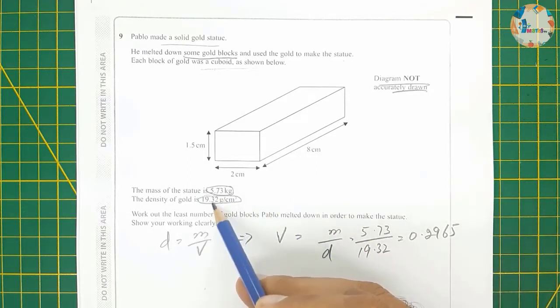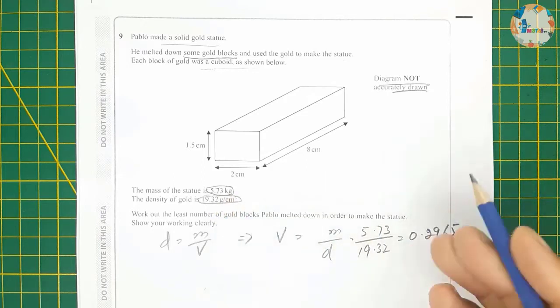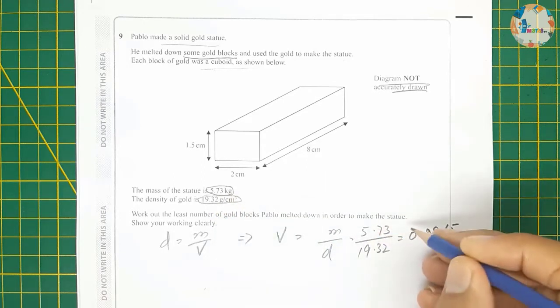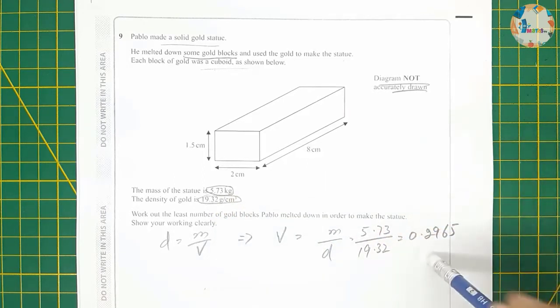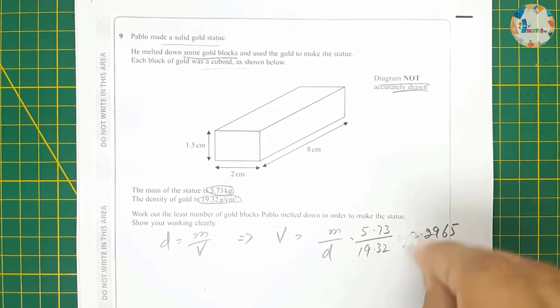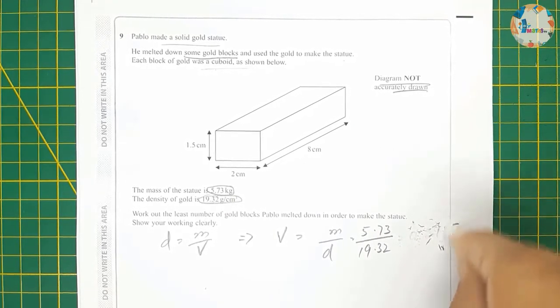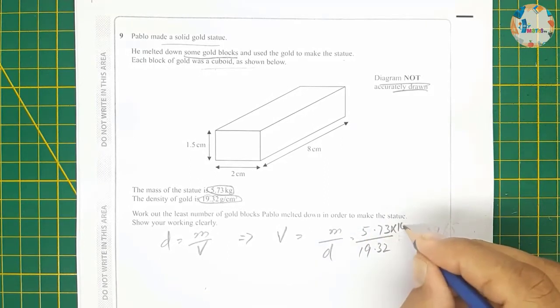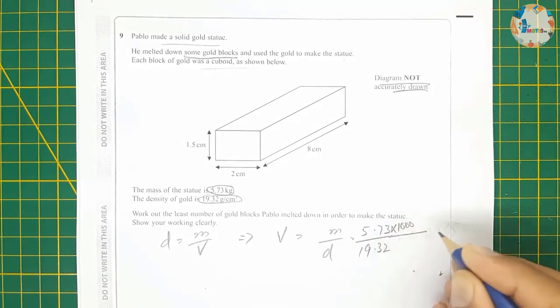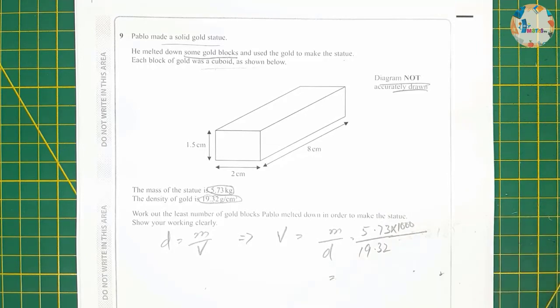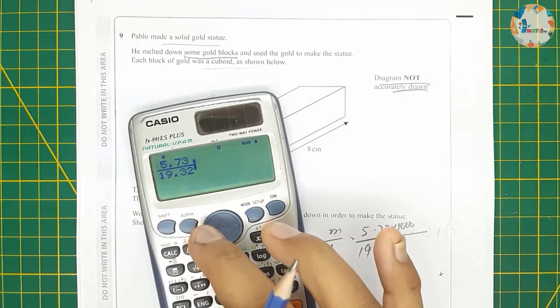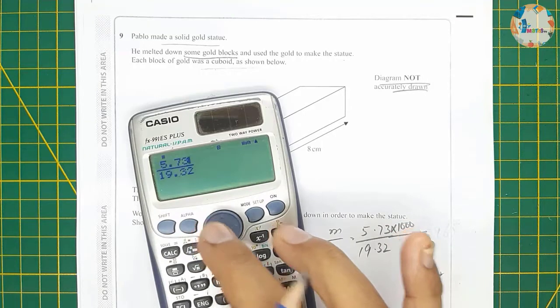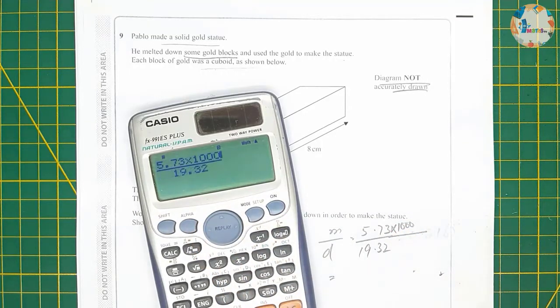Basically this is in kilograms and this is in grams, so we'll have to convert this. So we will multiply by 1000 and then make the calculation.